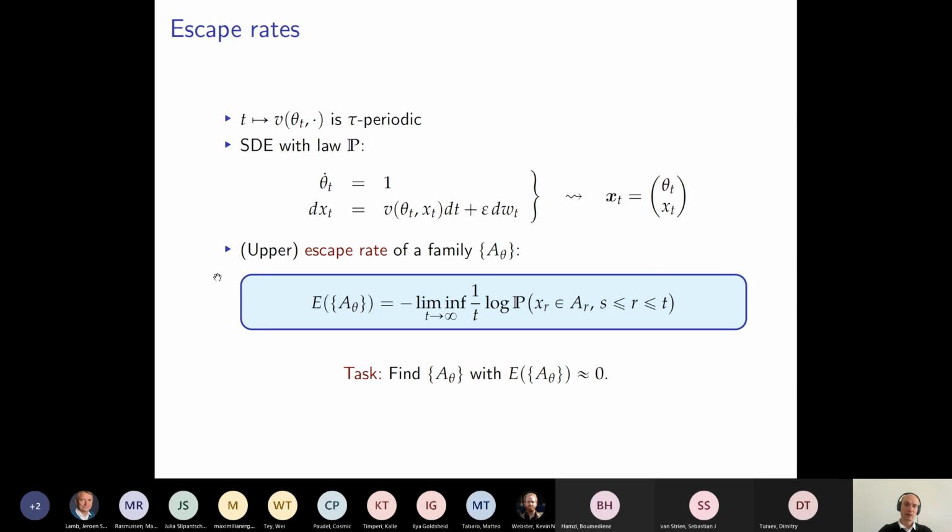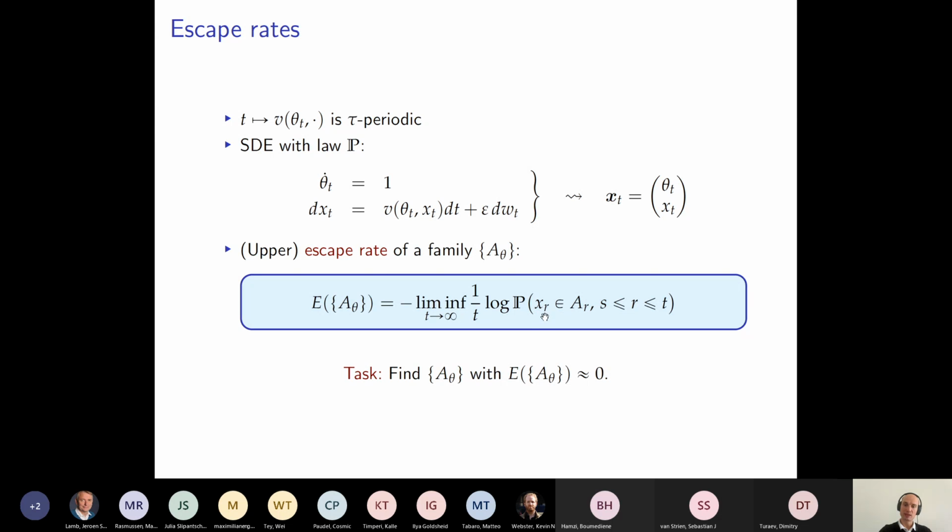Then I will measure coherence quantitatively by escape rates. So I say that the escape rate of a family A theta is measured by the exponential decay of the probability that my spatial process, this x_t, stays in my coherent family.